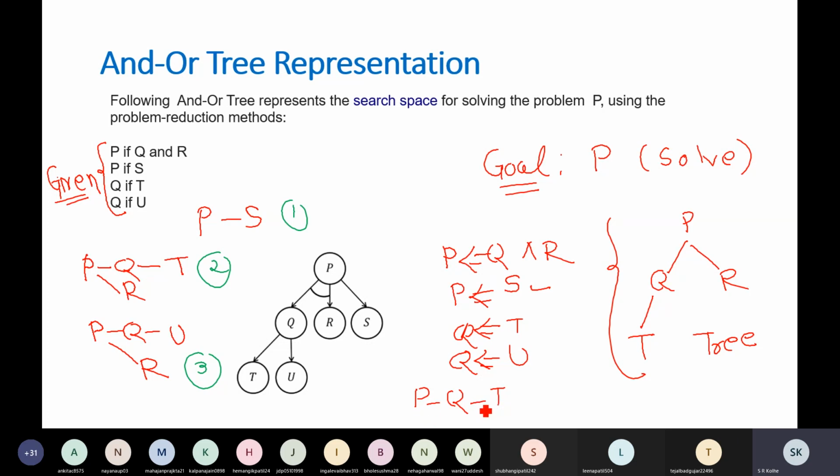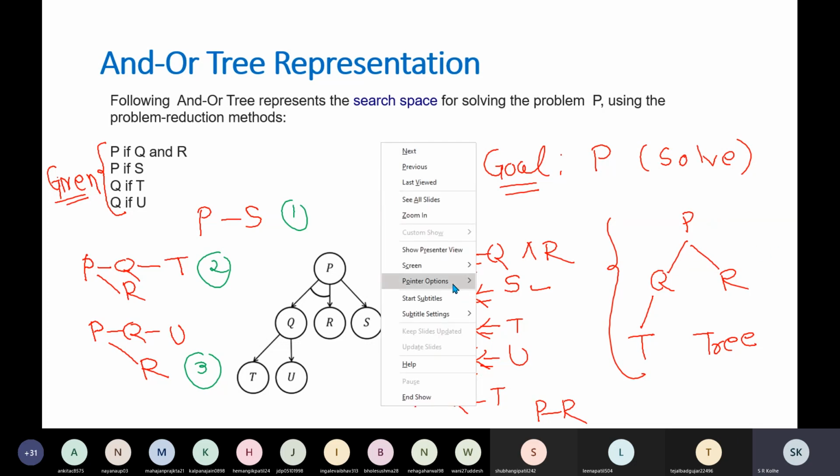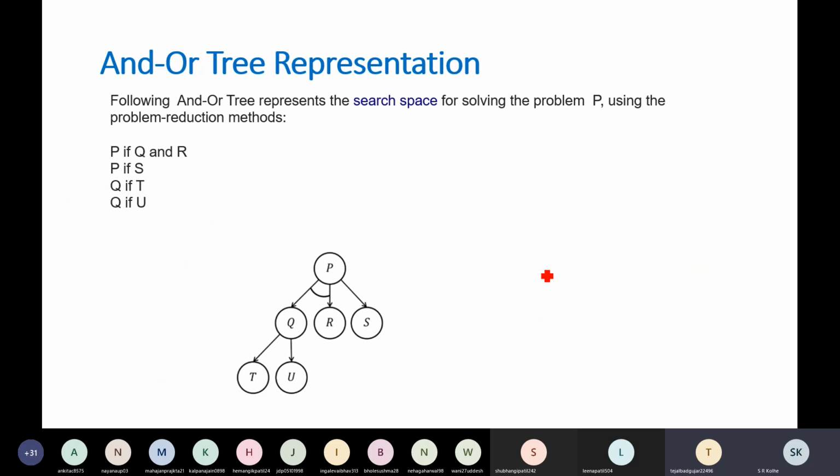The algorithm will return such a type of path, or P, R. But in this case, Q and R both have parent P. So this is a tree. It's not a simple path. So in problem reduction search, the algorithm will return the solution in the form of a tree. That is another difference. Understood up to this point? Yes, sir.